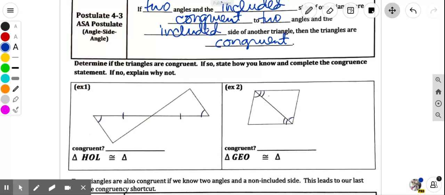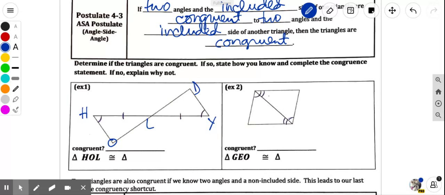Oh, whoops, I forgot to write down the letters here. Give me 1 sec. Okay, so the letters I chose for the one that I uploaded, I had H, O, L, Y, D.